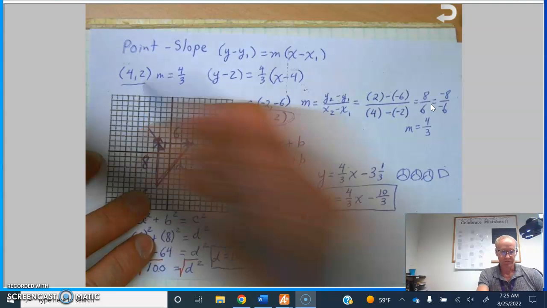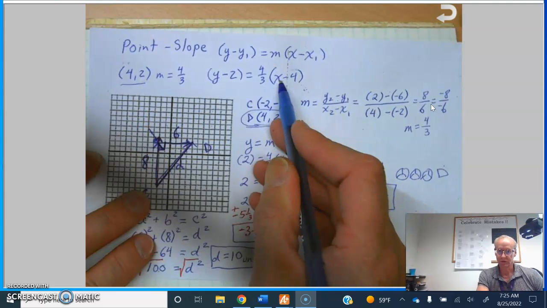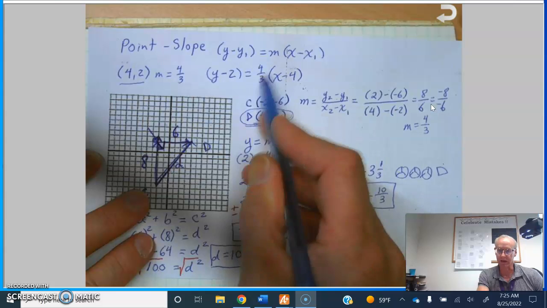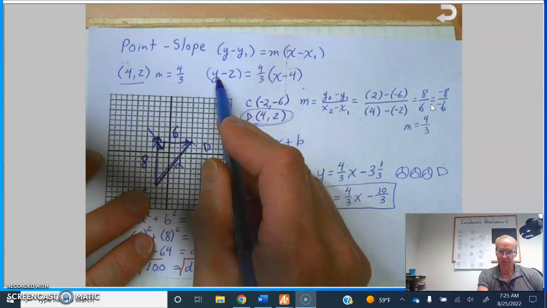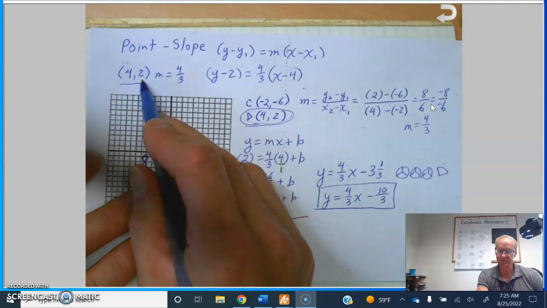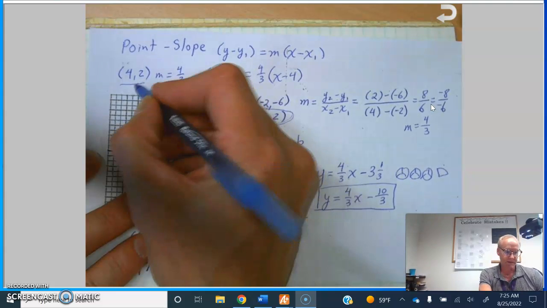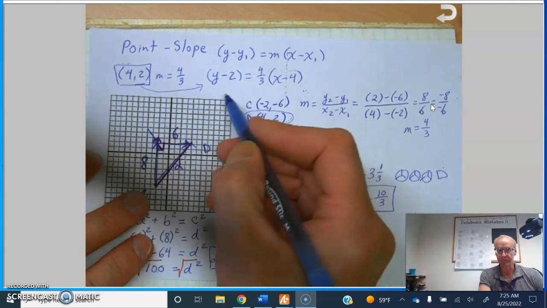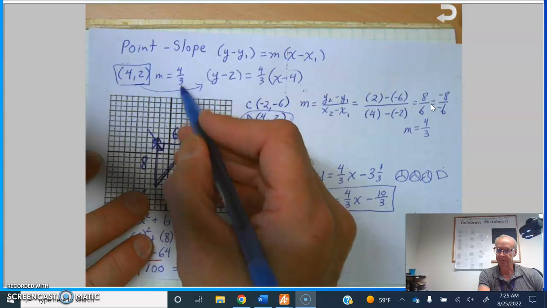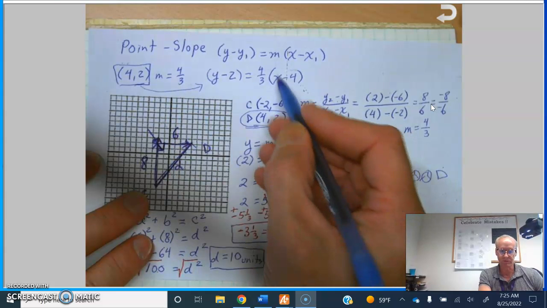Here's the proof. If I put a 4 for x, we can see that it gives us 0 on the right. This whole thing is 0 if x is 4. And this whole thing over here is 0 if y is 2. So we know that this point is a solution to this equation. We can also see that the 4/3 is a coefficient in front of x.